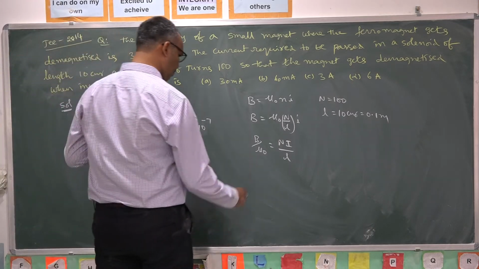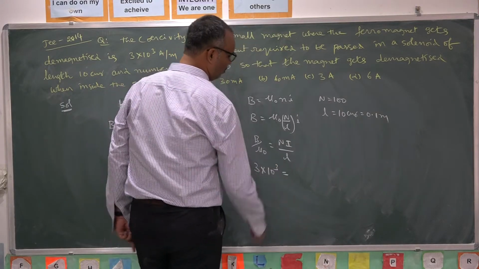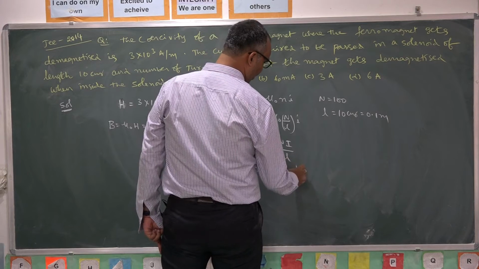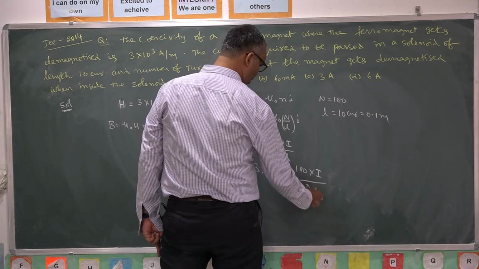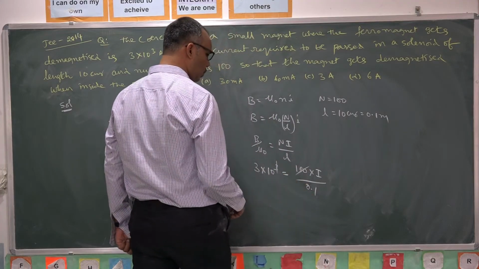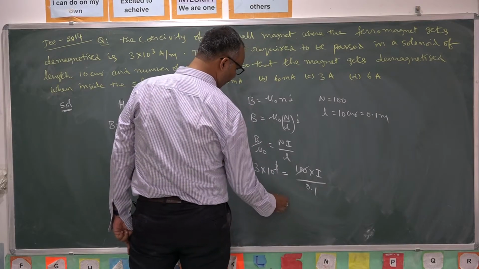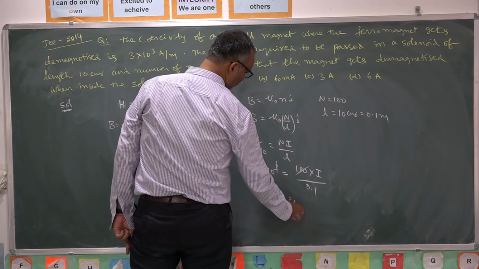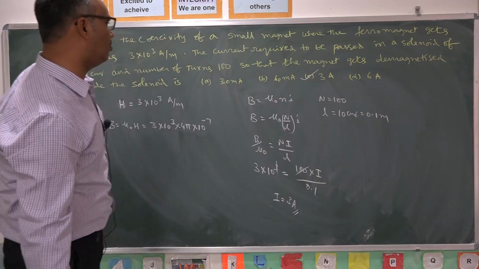So 3 into 10 cube is equal to the number of turns 100 into the strength of the current by length 0.1. So this 100 and this 0.1 will cancel, and I is equal to 3 amperes. That is the solution for the given problem.